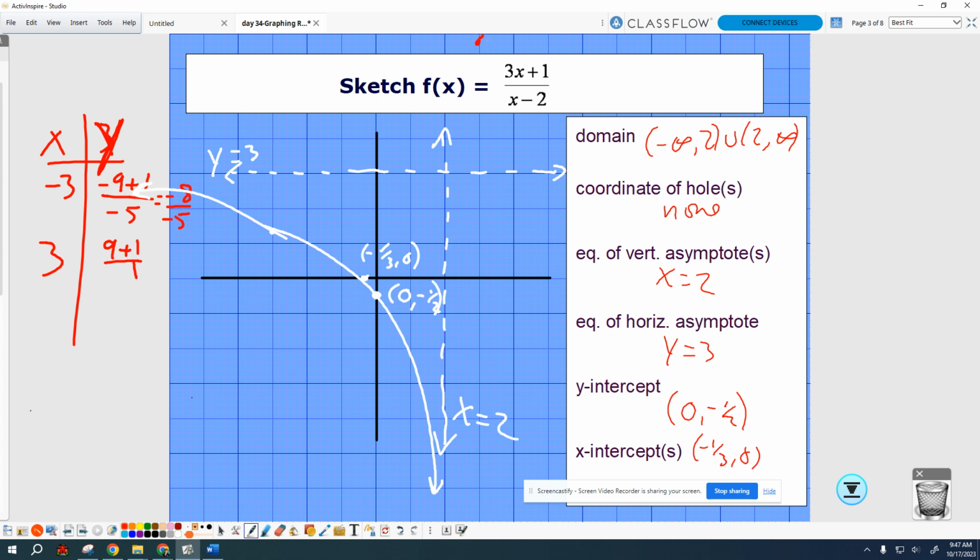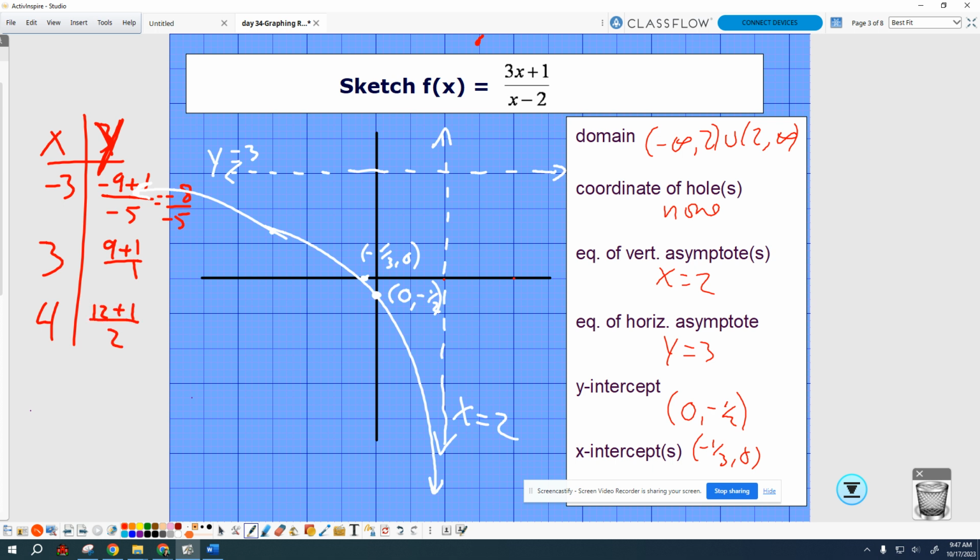Okay, so I need something that's going to make a smaller number. Maybe 1. Well, 1 is on this side. I need something on this side of my asymptote. The asymptote is at x equals 2. So maybe 4, picking 4.